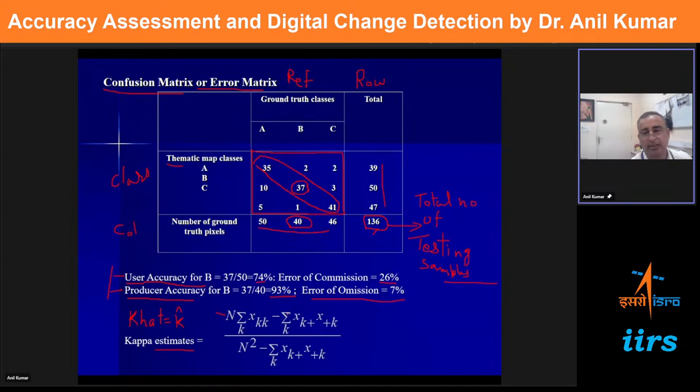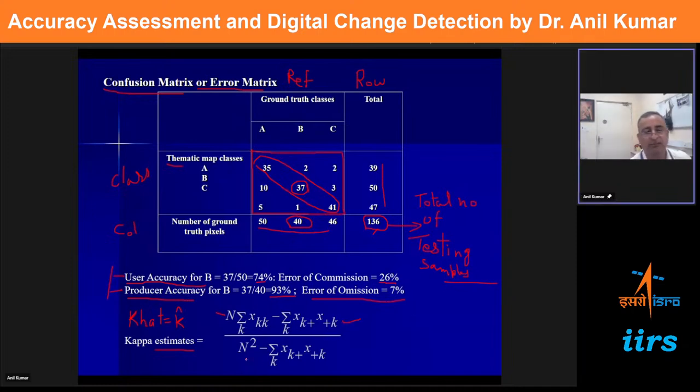Then this summation is a multiple of the row total with the column total of each class, that means xk+ into x+k. That means you have to multiply the row total of class A with the column total of class A, plus the row total of class B into the column total of class B, plus the row total of class C into the column total of class C. That way you will get this.